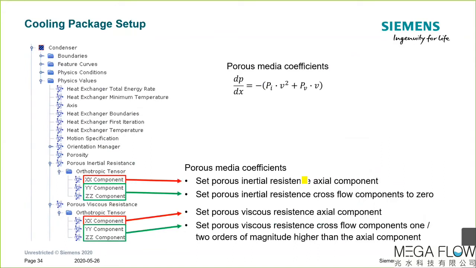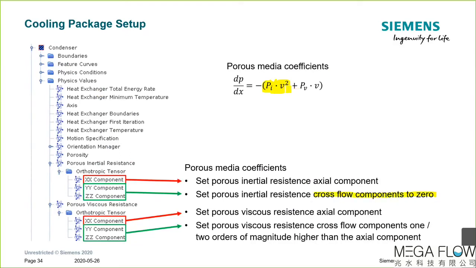Another setting is for the cooling package. As you know, we are modeling the heat exchanger cores with porous media in Star-CCM+, so we're modeling the pressure drop here. We have the inertial resistance, which is multiplied with the velocity squared. Here I recommend to put the cross-flow component to 0.